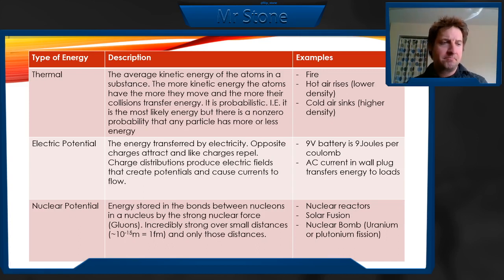Thermal means heat, right? So thermal energy is just heat. So anytime we talk about thermal energy, we're talking about how hot something is in terms of how much energy is inside of it. Okay, so when things are hot, hotter things move; their atoms move faster.